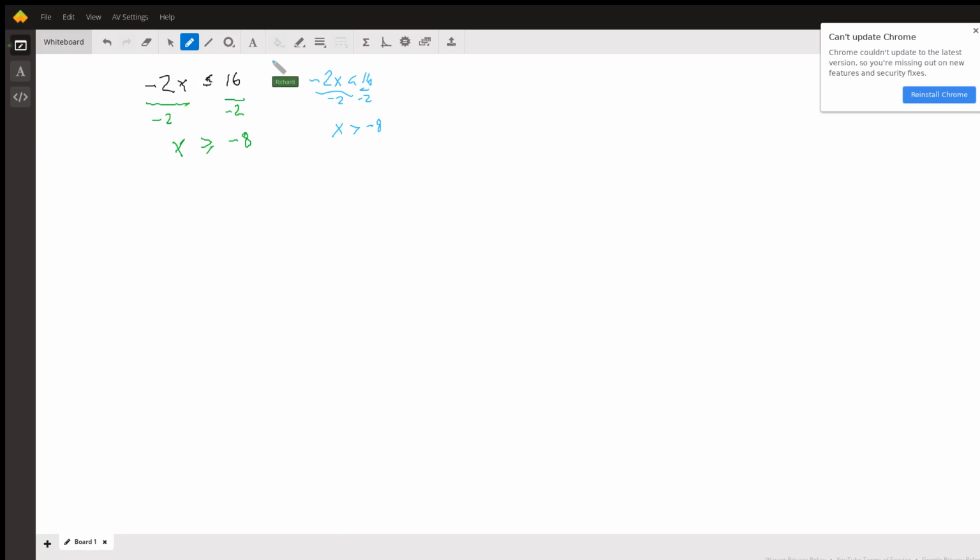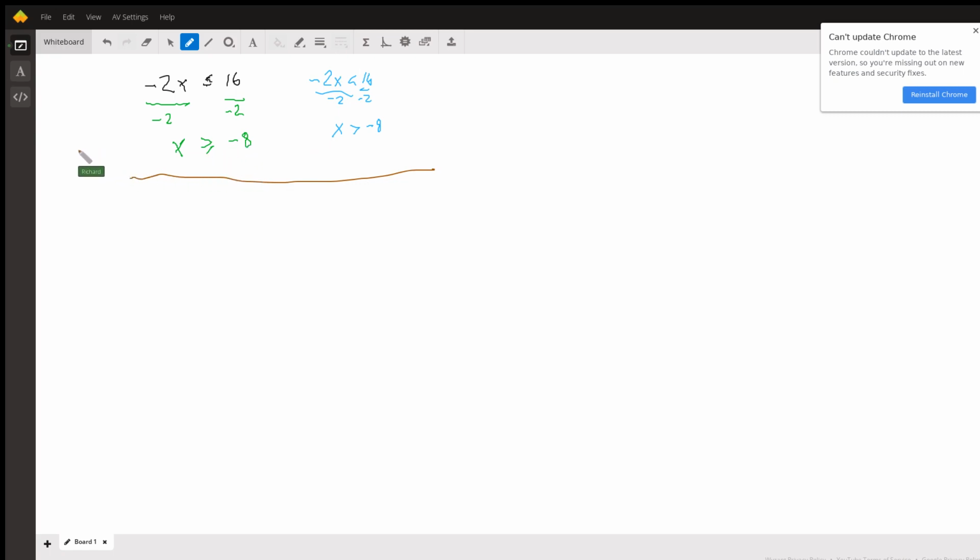So now let's talk about checking the answer. The student here was very interested in checking the answer, which I think is wonderful, and I want to encourage everybody to take the time to do that. So let's check the answer. The way you would check an answer here is you would just pick a value.